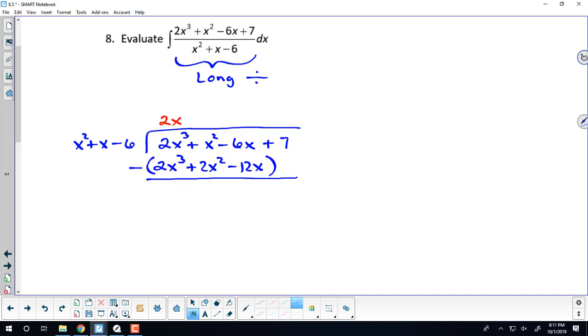So we've got 0, we've got x squared minus 2x squared. And then we've got 6x plus 12x. And bring down the 7 and start the process over.